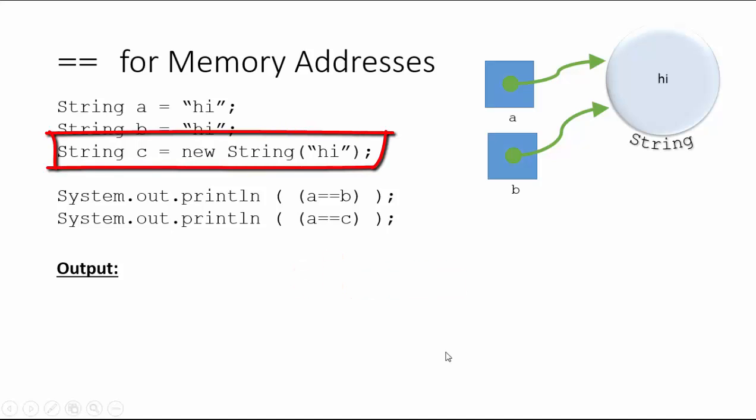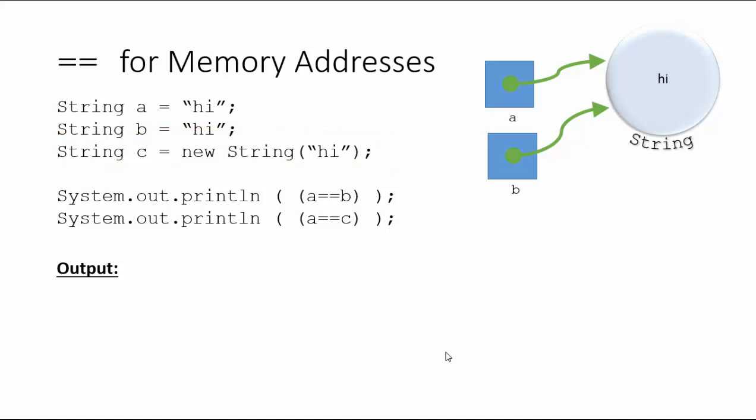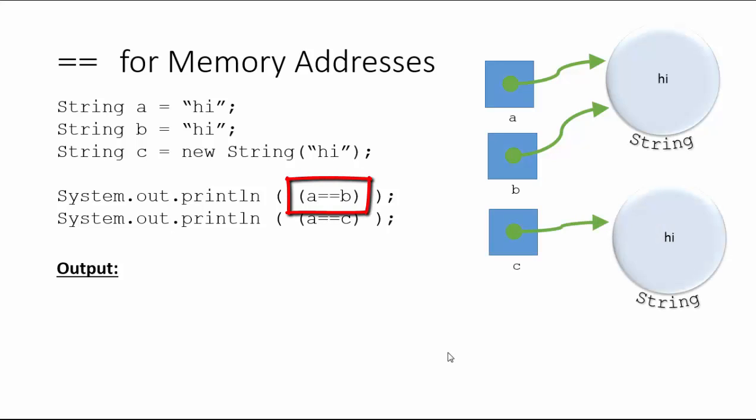When this statement is executed, using new to create the string forces a new object to be created with the same exact characters. This object's address is placed into the reference variable c. If I use the equality operator equals equals to test a and b, what is actually being tested is the address contained in both variables.